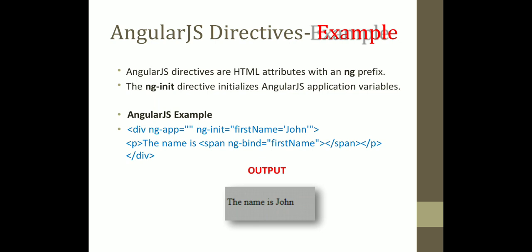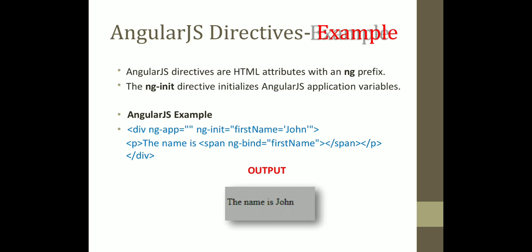So that will be your output: the name is, and the value of the variable firstName, that is John. So the output will be the name is John. This is the simplest example for AngularJS.